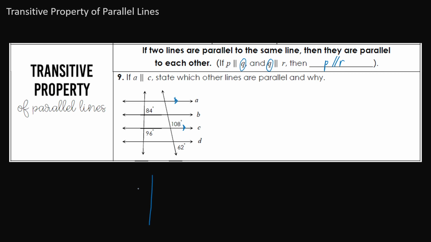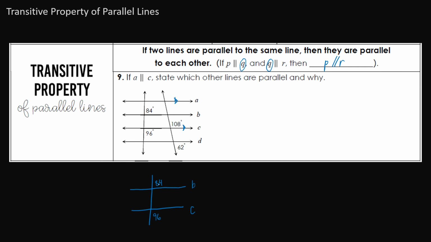I see on line B and line C, an 84-degree angle and a 96-degree angle. And I'm noticing that if you add up 84 and 96, the sum would be 180.